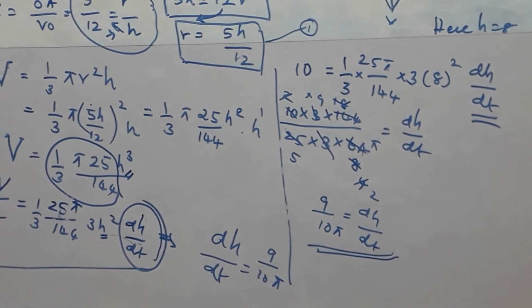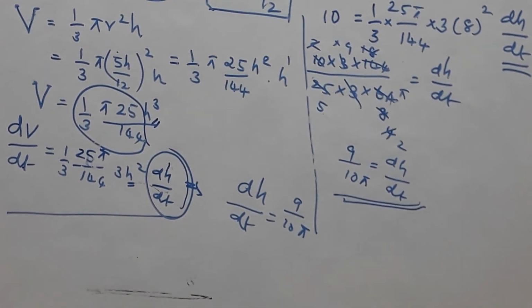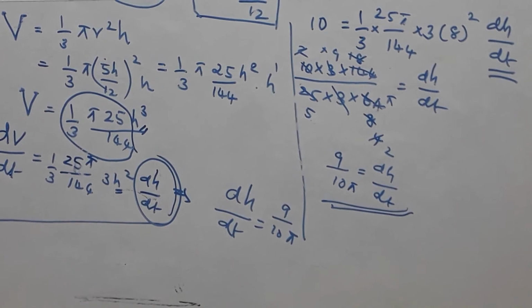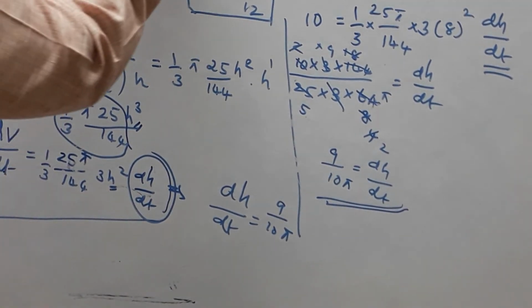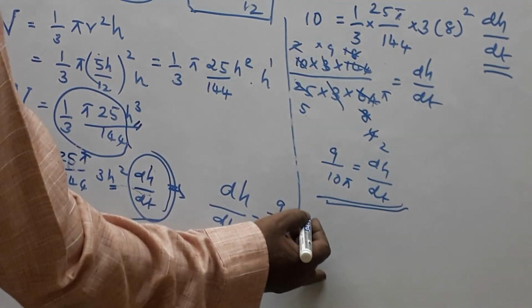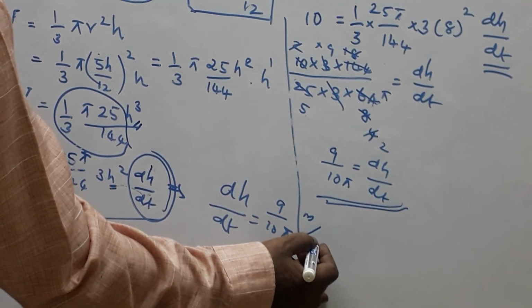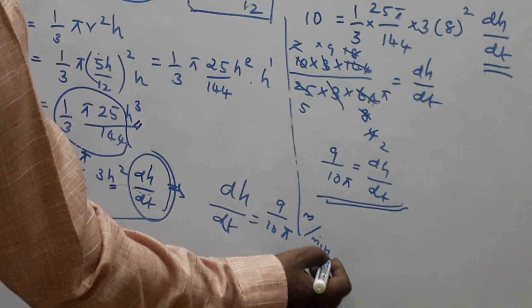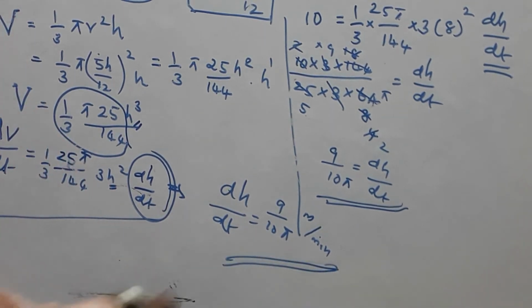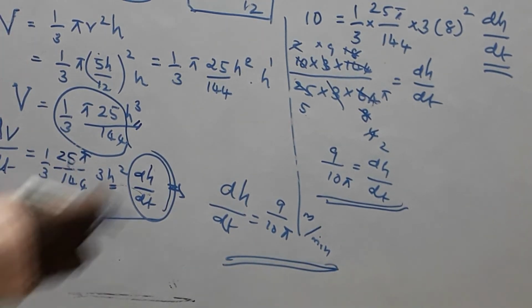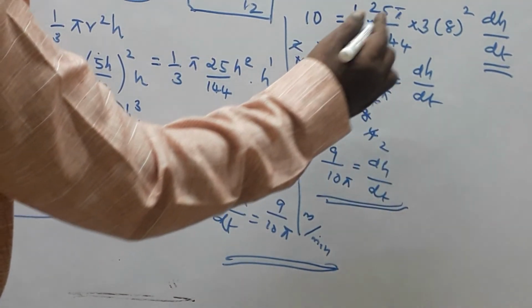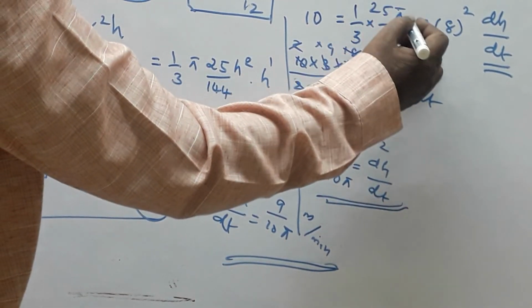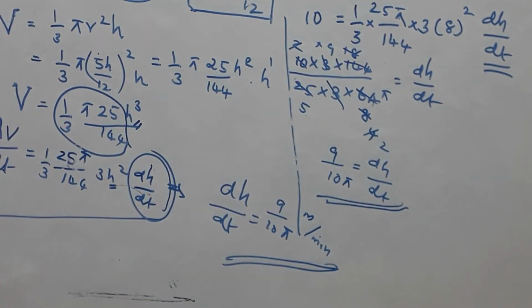What is the unit? Meter per minute. How fast? Meter per minute. This is the solution for this sum. Very simple simplification. Don't get confused at this point. It is very simple; don't be fooled when we carry this pi.